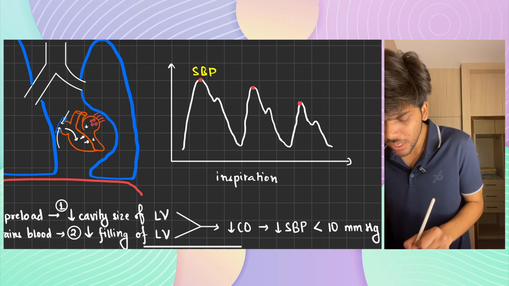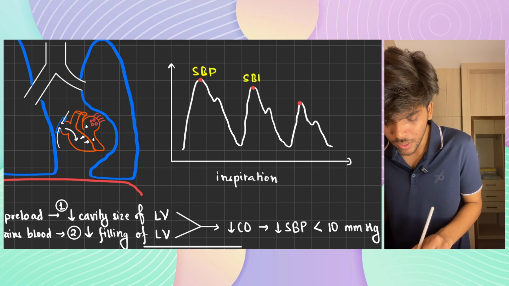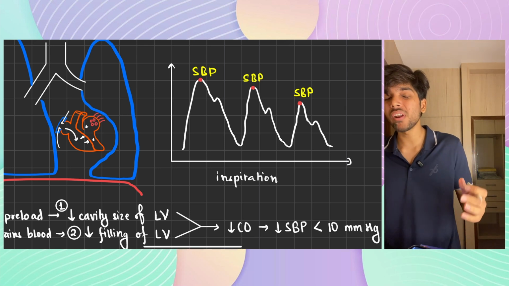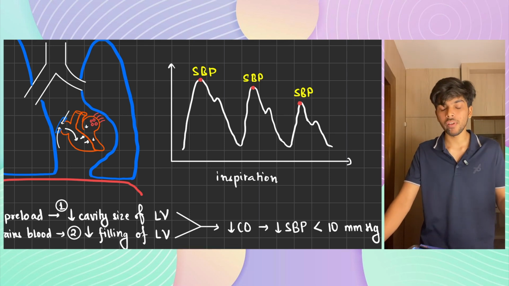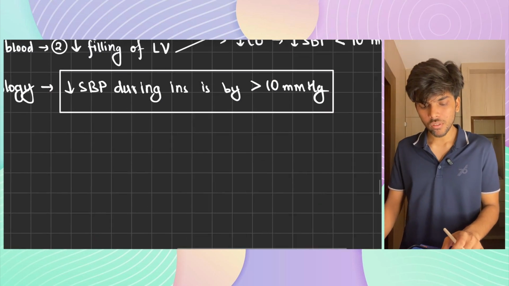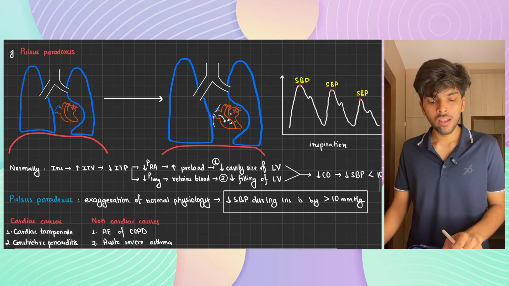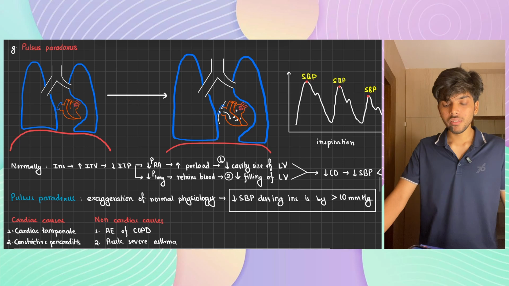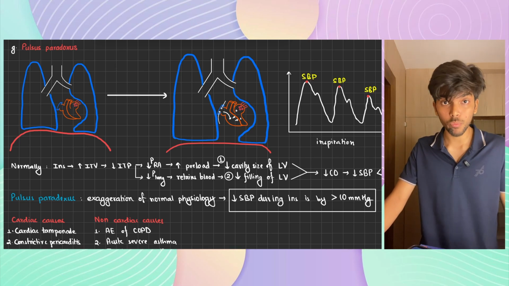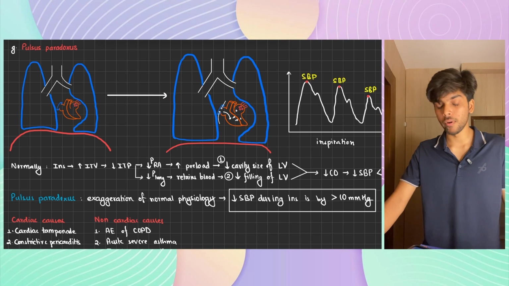This takes place normally, physiologically as well. It is only when the drop in systolic blood pressure is more exaggerated, by more than 10 mm of Hg, that we call it pulsus paradoxus. In fact, pulsus paradoxus is not the measurement of your pulse, but the measurement of your blood pressure, more specifically your systolic blood pressure.